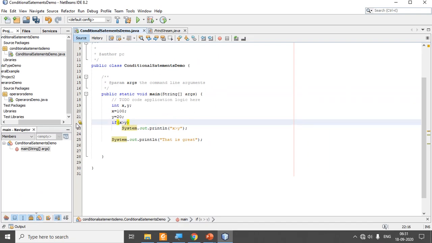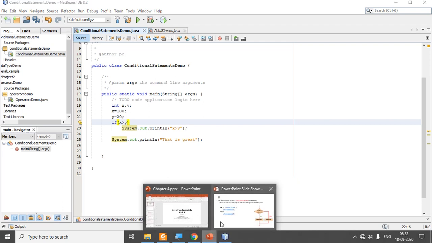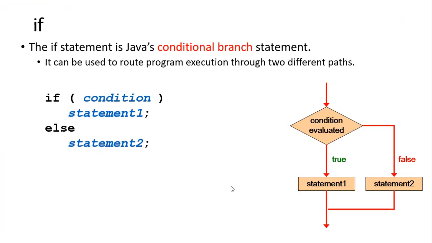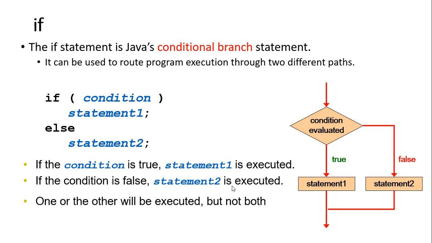Let's look at the example I have already shown you, and how this particular statement works. You check the condition. If the condition is true, one set of statements, in this case only one statement, is written. The statements following between if and else, one or more, will be executed. If the condition is false, the statement after else, and if there is a block, all the statements within that block, will be executed.